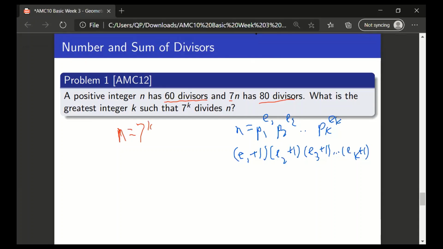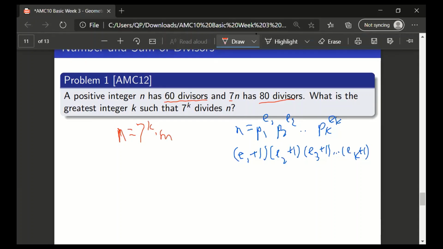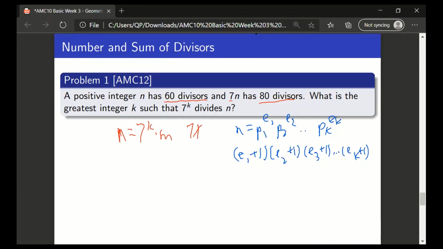And so we can factor n as 7^k times m, where 7 does not divide m. This notation just means a does not divide b. And so 7n equals 7^(k+1) times m.